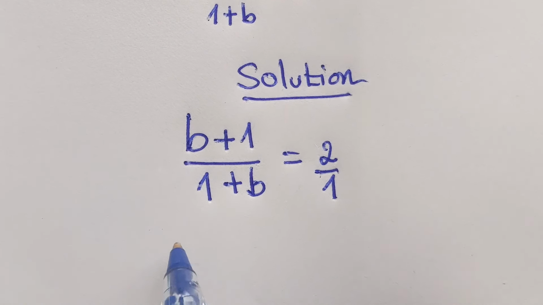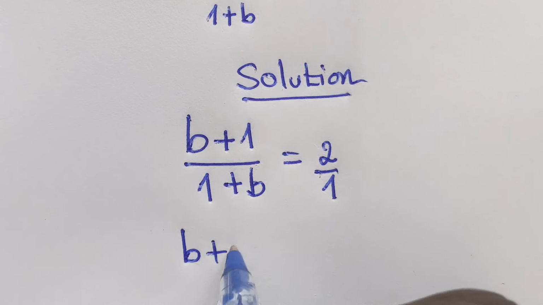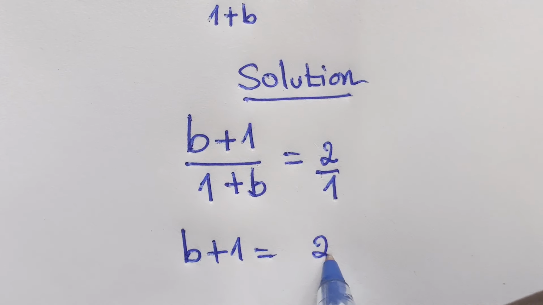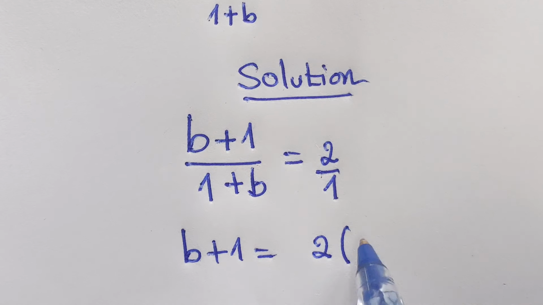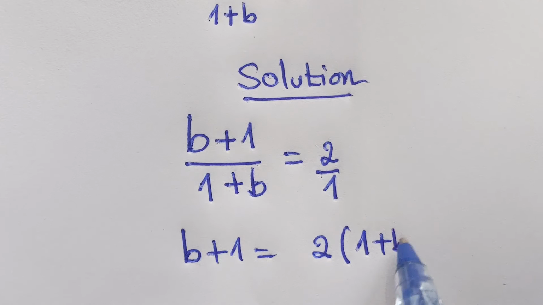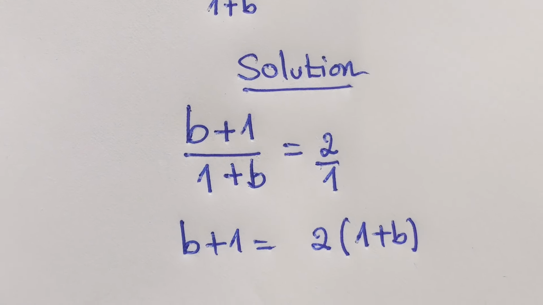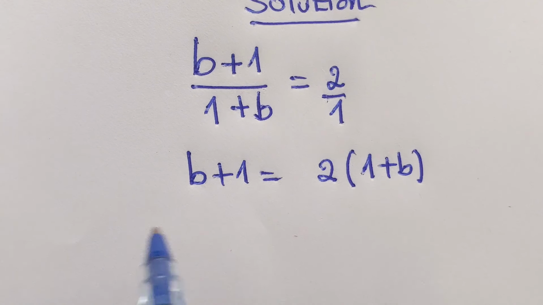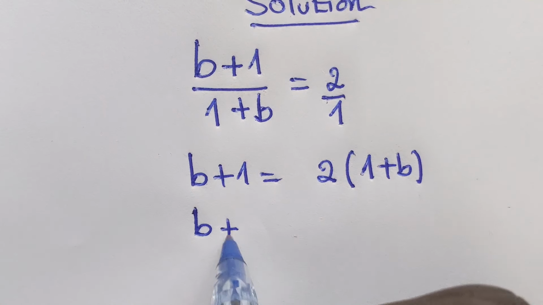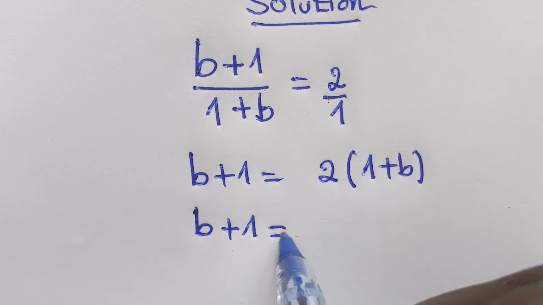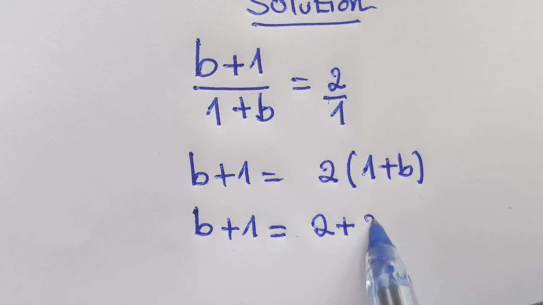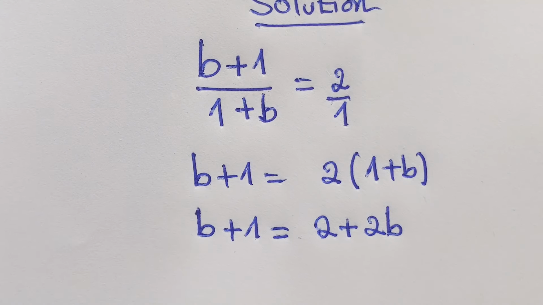Then we have b + 1 equal to 2 open bracket 1 + b close bracket. Okay, now this will give b + 1 equal to 2 + 2b.